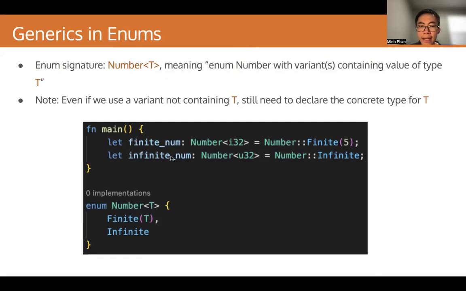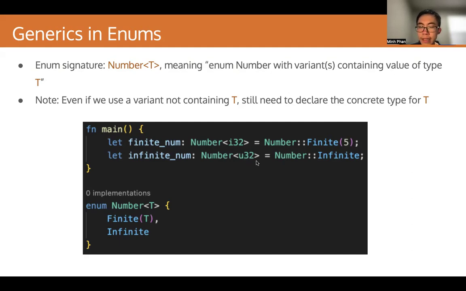And here we create two instances of this enum. A finite instance, where the enum Number contains a concrete type of i32, and we assign it the value Finite(5). And the other, an infinite number, also of the same enum and a different concrete type.